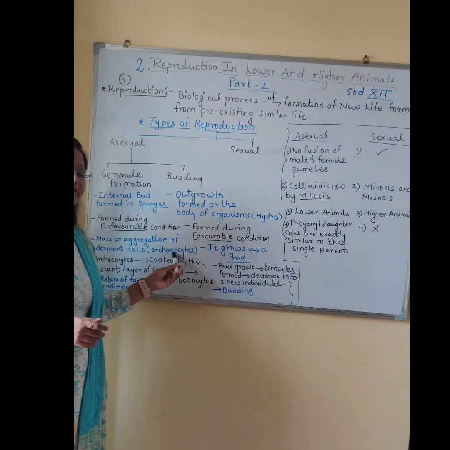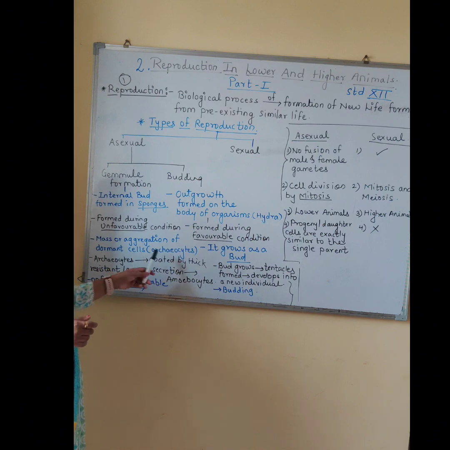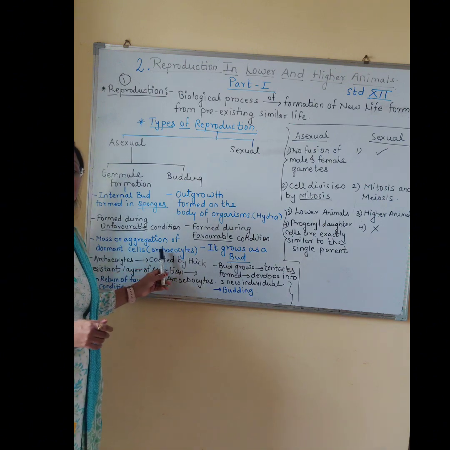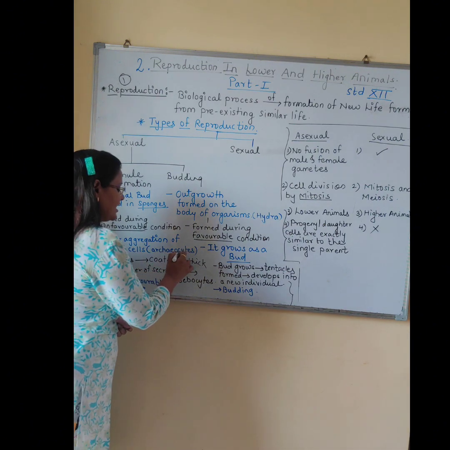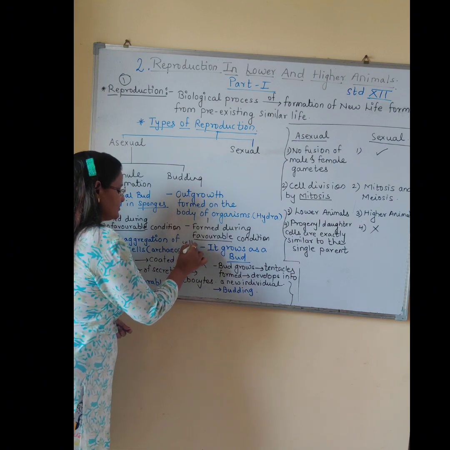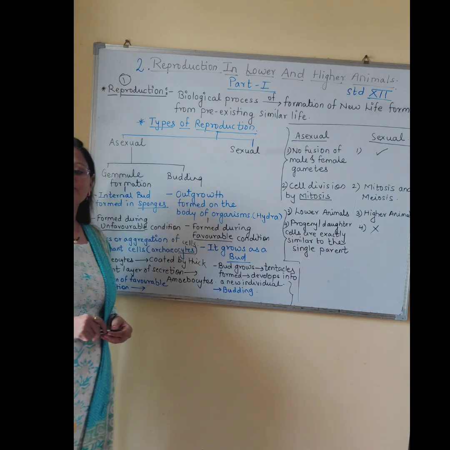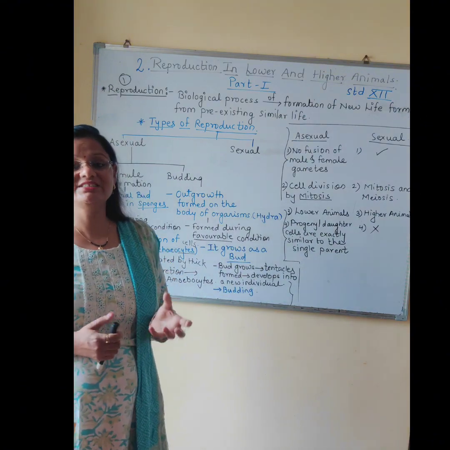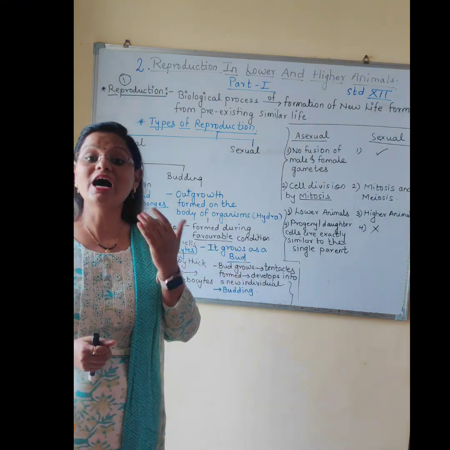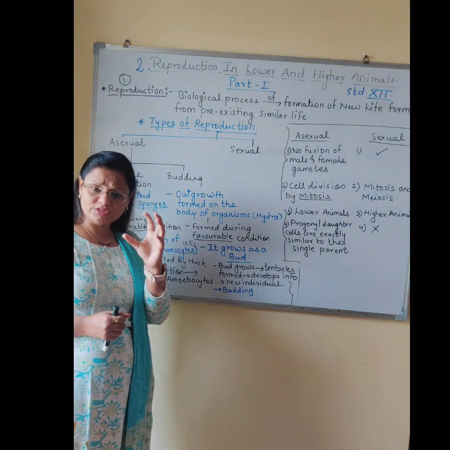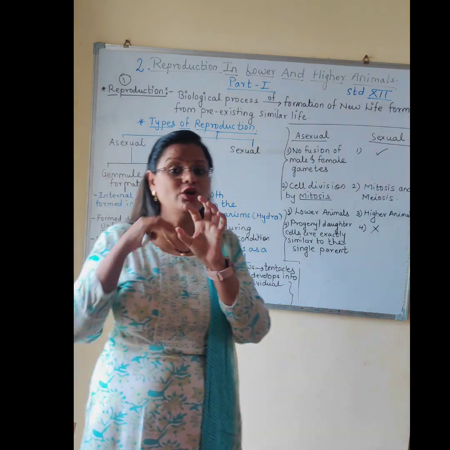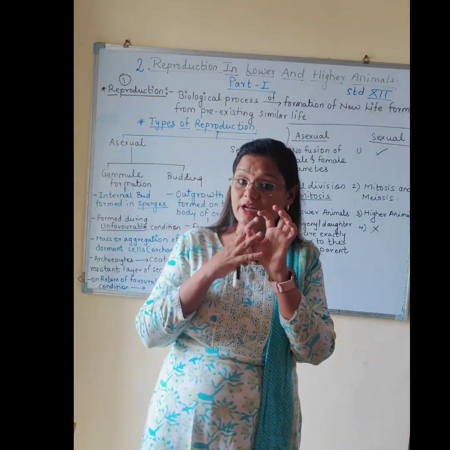So a mass or aggregation of dormant cells is also called archaeocytes. The word cytes means cells. Okay, the cells or the aggregation of cells are called archaeocytes. Now one cell is called an archaeocyte, and these cells are called archaeocytes.